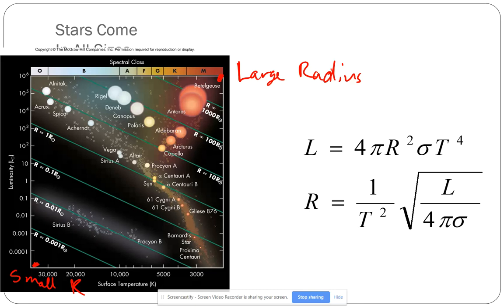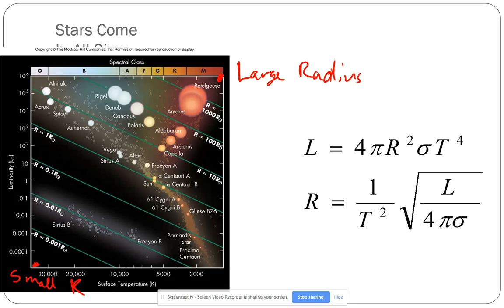Now we get into what are the luminosity classes. The classes based on how much light a star gives off is what luminosity class should be. If you look at this, you can see some ideas of how they're separated. Up in the top right corner, you have Betelgeuse and Antares.